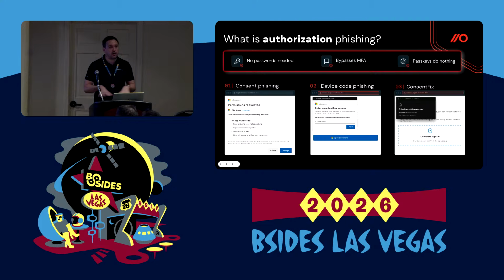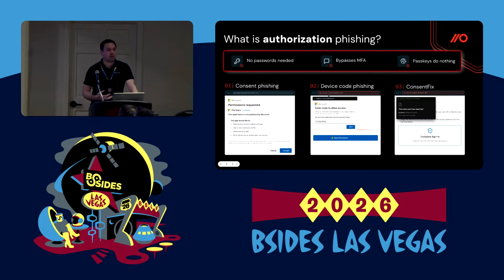And the three things I think fit inside this quite nicely at the moment are consent phishing, device code phishing, and ConsentFix. So consent phishing's been around quite a while. We don't actually see it that commonly now. I'll come to this in a sec. But ultimately, it's integrating malicious OAuth apps and granting permissions into your account rather than compromising the authentication flow.